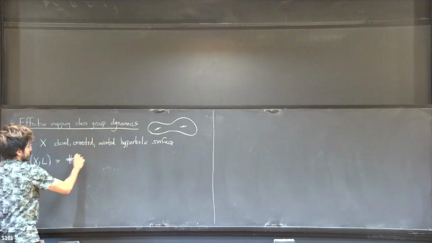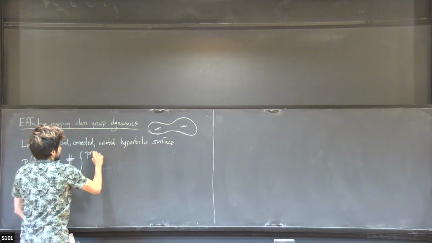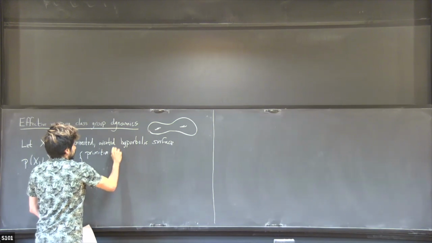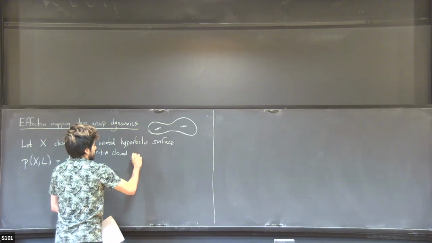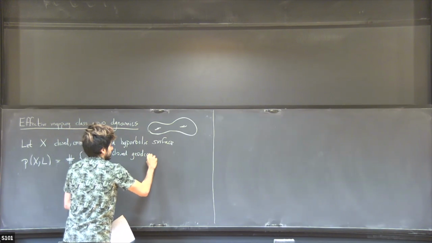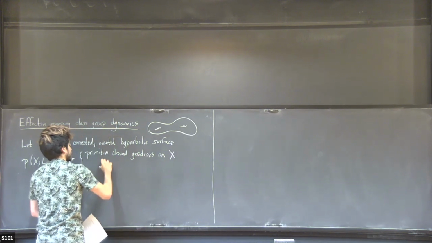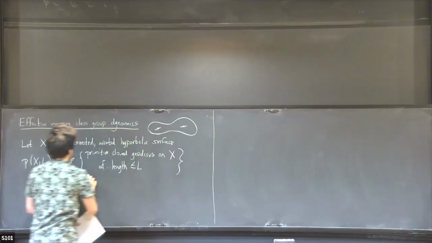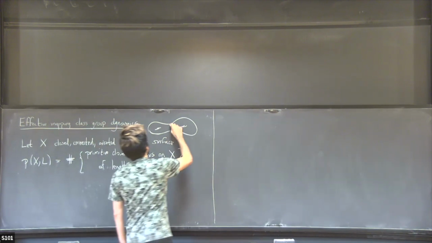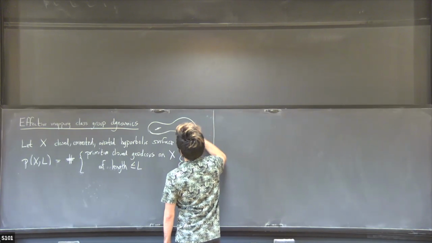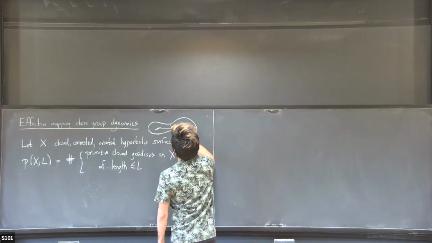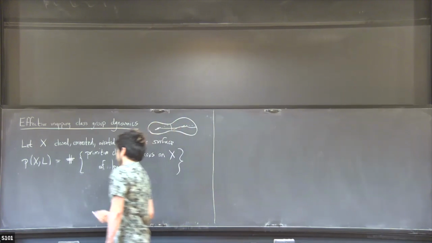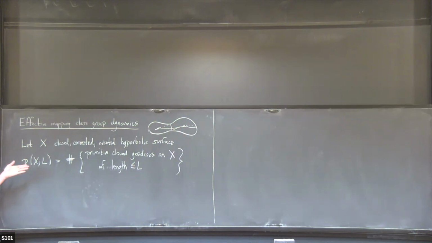So this is going to be the number of primitive closed geodesics on X of length less than or equal to some bound L. This surface is going to have several closed geodesics, maybe one here that is simple, maybe one over here with one intersection, and so on. And what I want to be able to tell you is that if you give me a number L, I want to be able to tell you roughly how many of those closed geodesics there are.